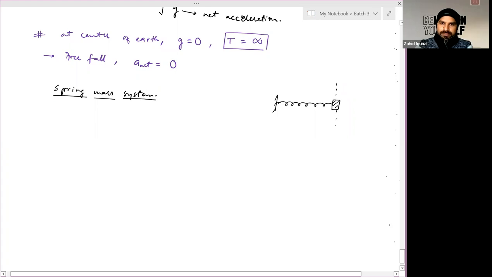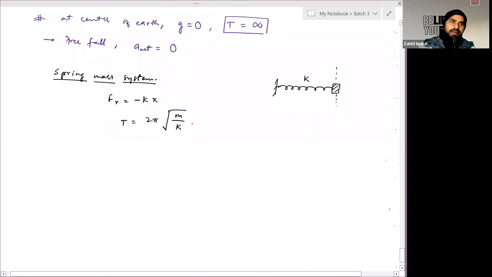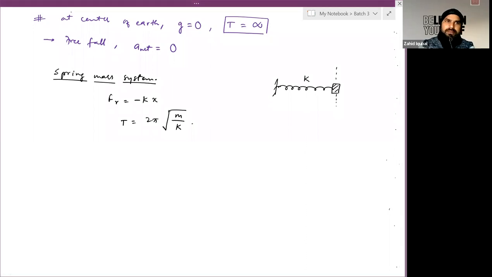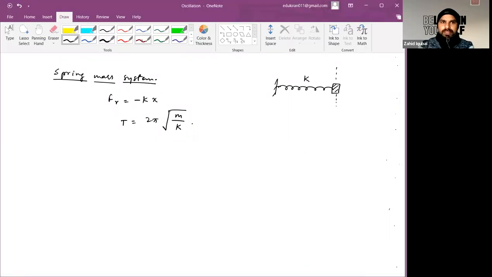This is mean position, spring constant K. So if you displace this particular spring to any one side, the restoring force will be just minus Kx. So time period related to this part will be 2 pi root under m by k. So first, we have to define how spring constant will be affected with respect to length.